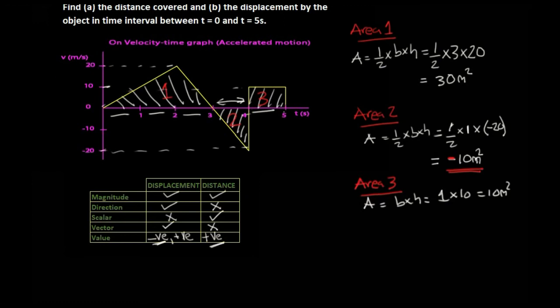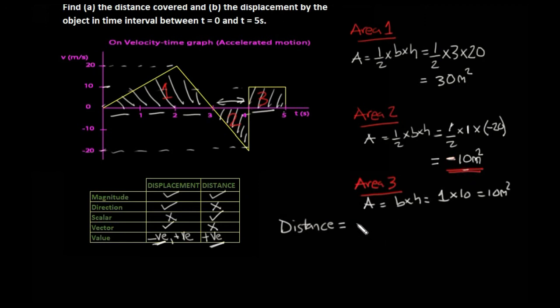Now let's look at the distance first. Distance covered, because it's a scalar quantity, we are not going to look at the negative sign over here. We're going to take this as positive.